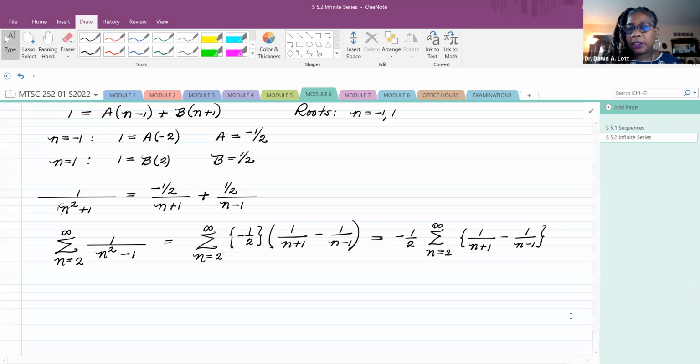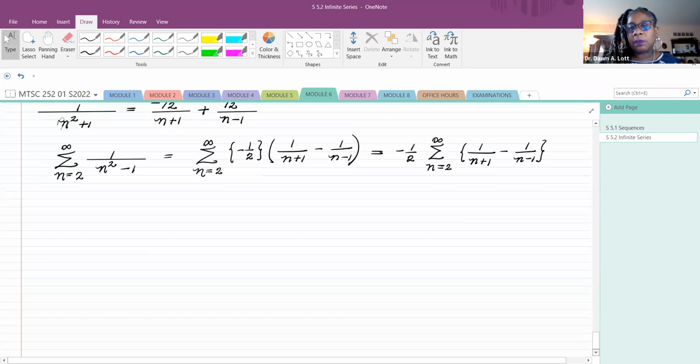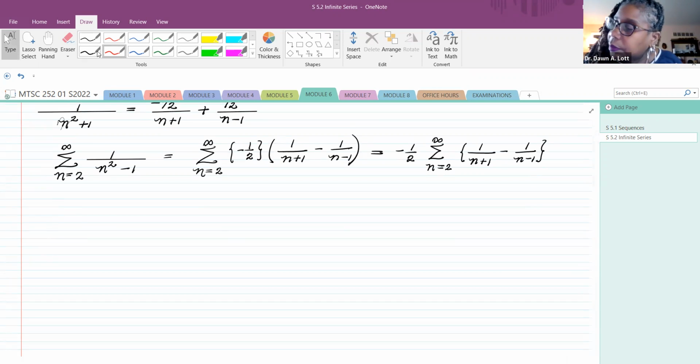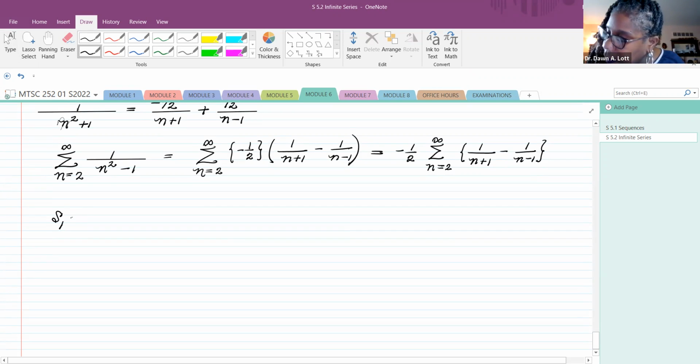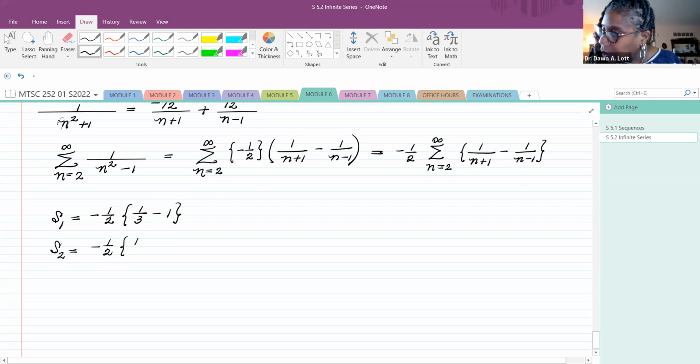Okay. All right. So let's look at our nth partial sums. So S1, we have negative 1/2 on the outside. And then inside, I'm going to have 1/3 minus 1. Okay, so I have 1/3 minus 1. My S2, well, I have negative 1/2. I get 1/3 minus 1.